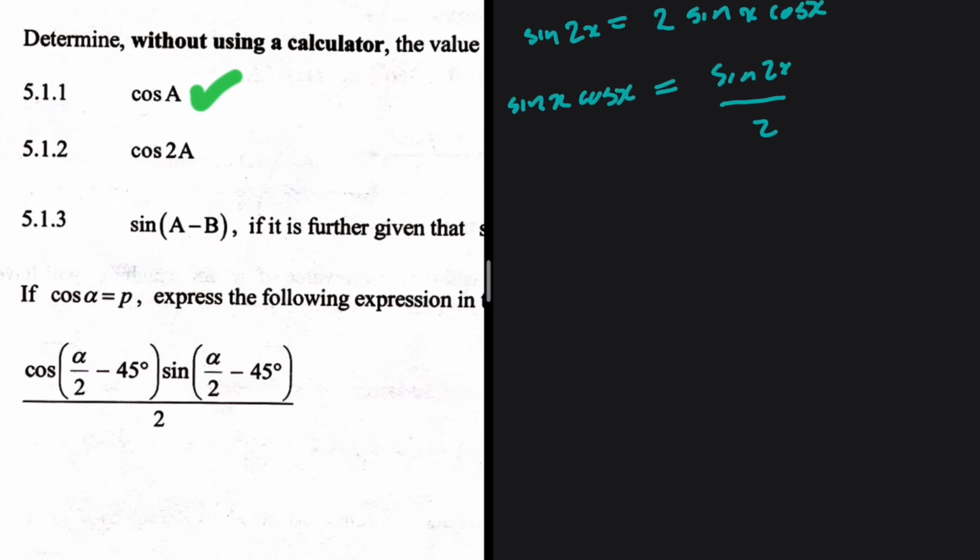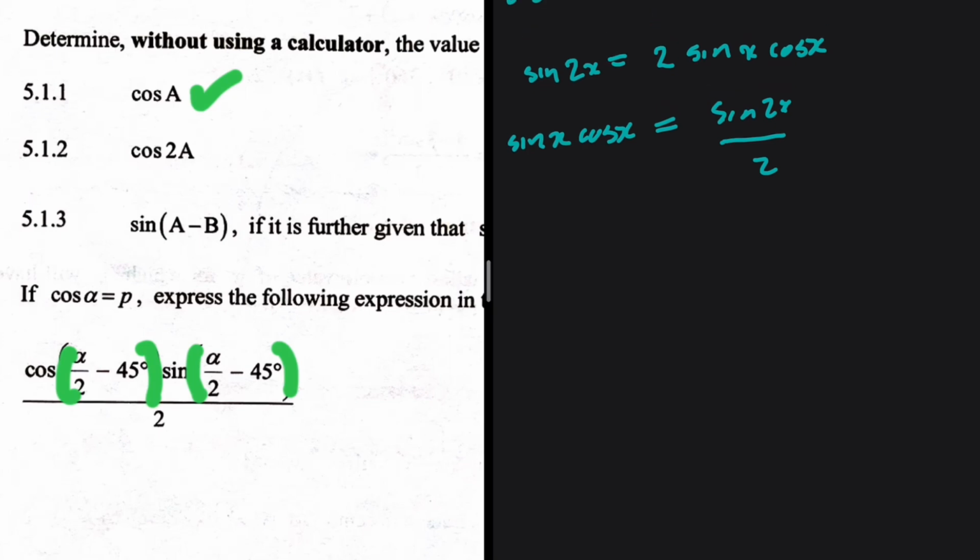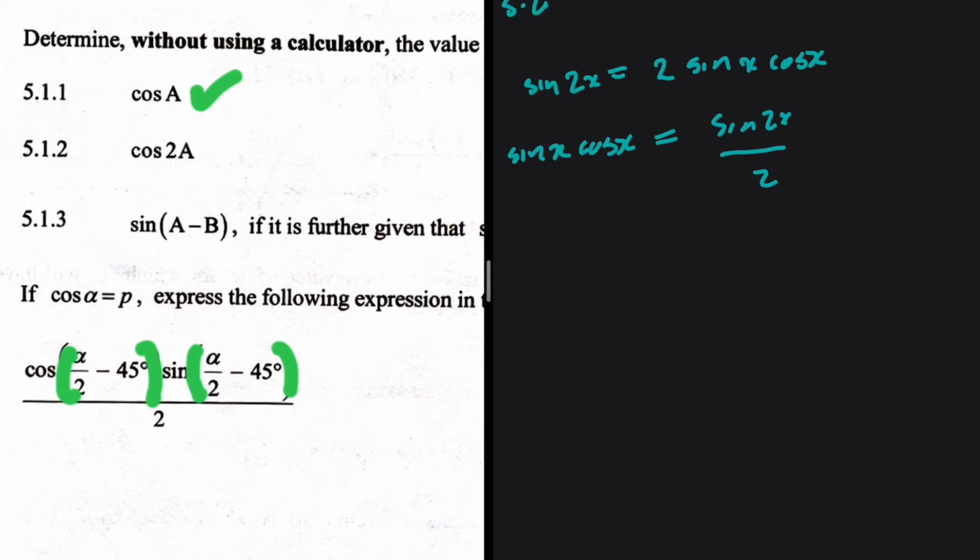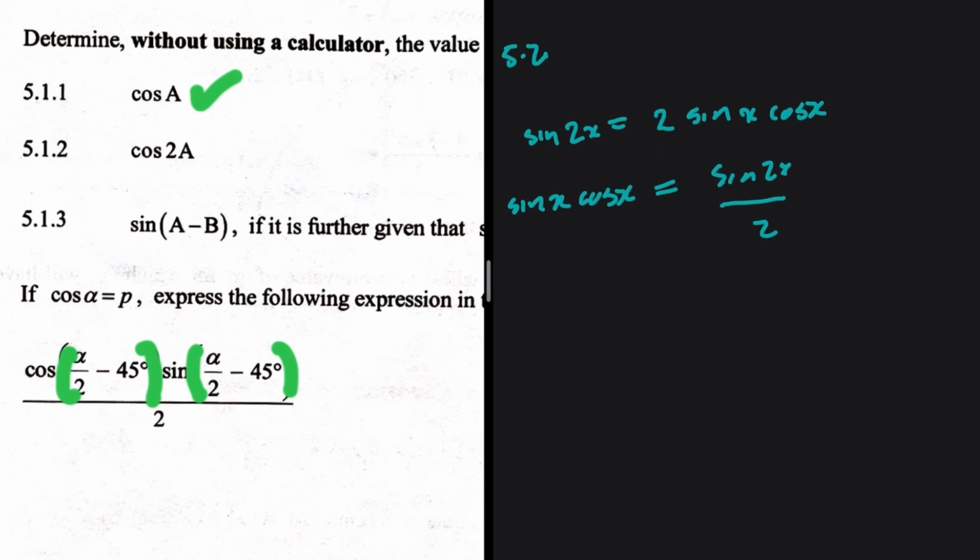Because here we have cos of what is inside the brackets, and then we have sine of what is inside the bracket over 2, right? So sine of x cos of x is equal to sine of 2x over 2. So we want to use this in order to answer this question.